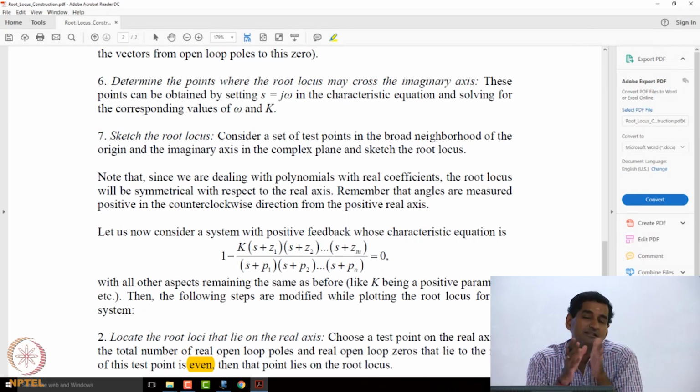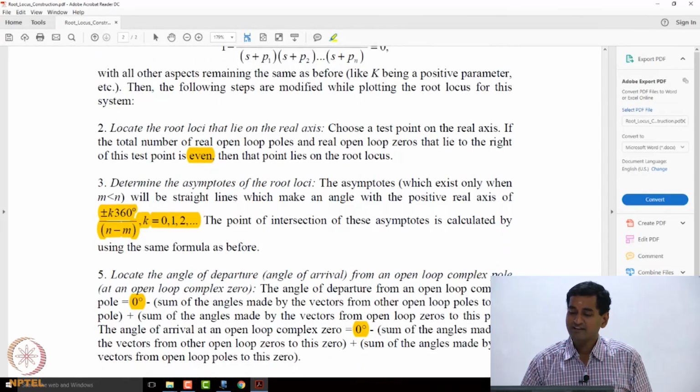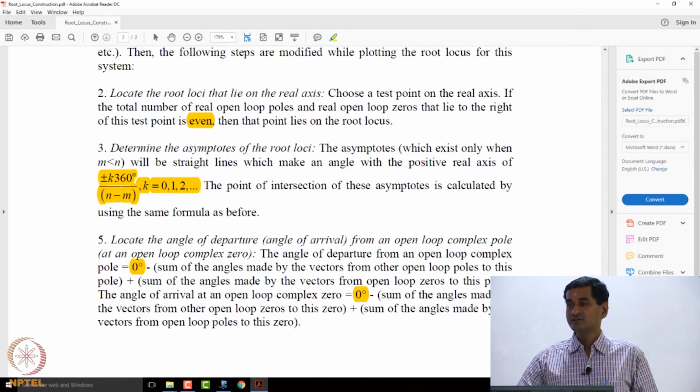You equate the real part to be 0 and imaginary part to be 0 and find potential solutions for omega and the corresponding value of k, and then we go forward. So, that is the 6th step. We see that these are the changes that are brought about due to the fact that we have positive feedback rather than negative feedback.